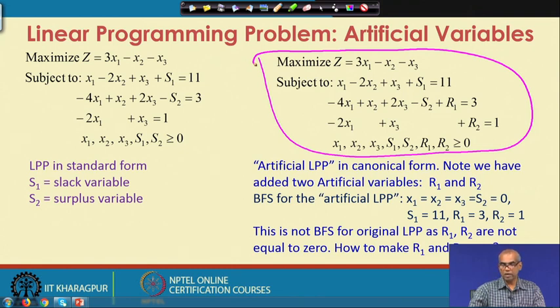Now, let us look at this artificial linear programming problem. I consider x1, x2, x3 as well as S2 as non-basic variables and set their values to 0.